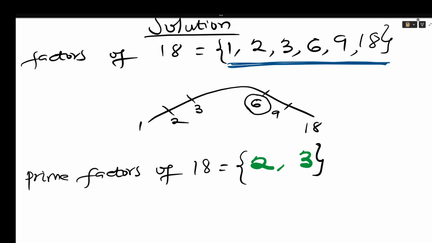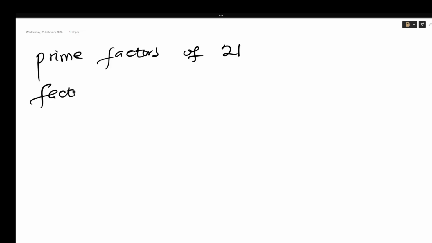Let's try another example. Let's list the prime factors of 21. First of all, we find our factors of 21.